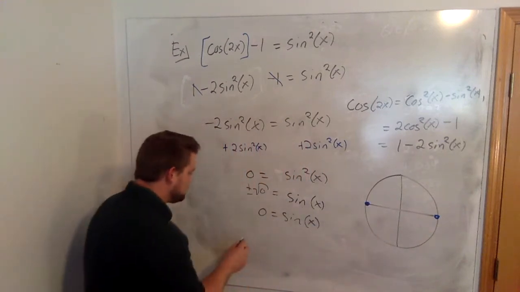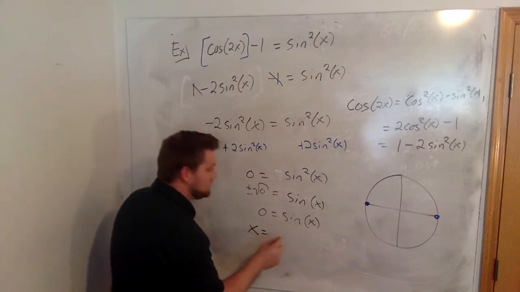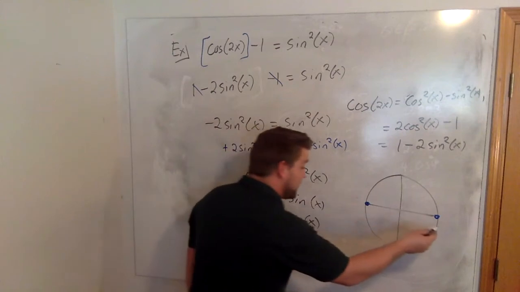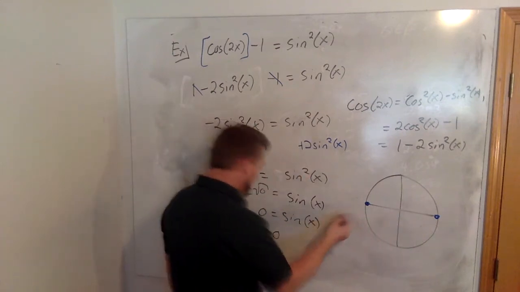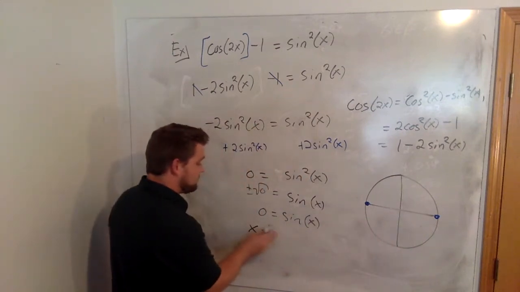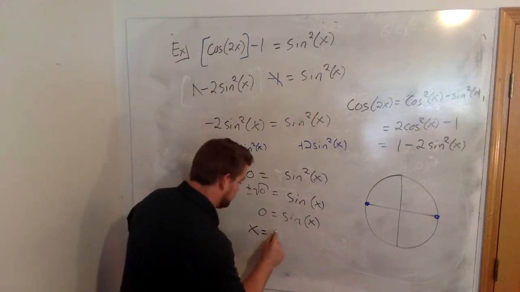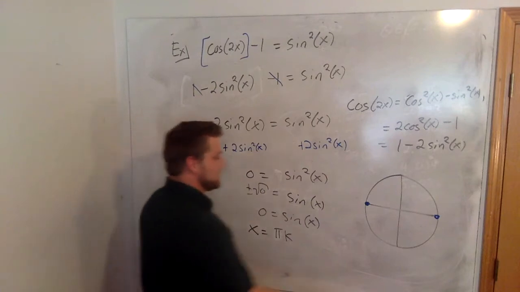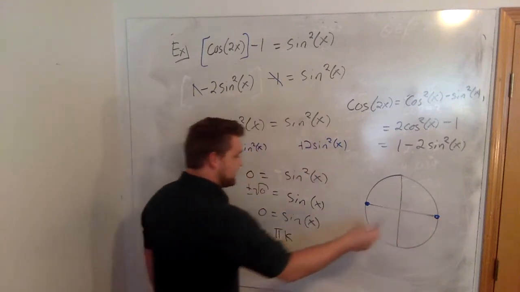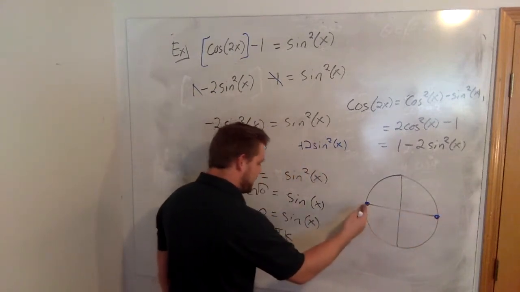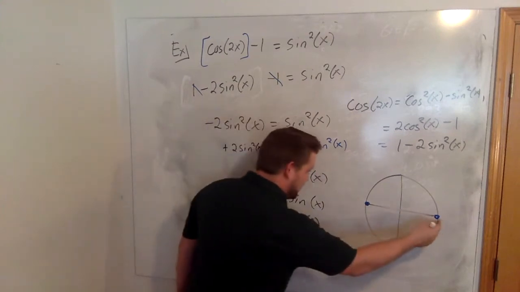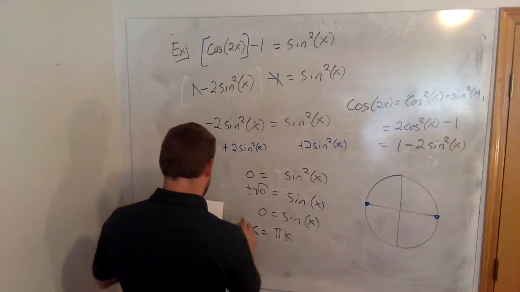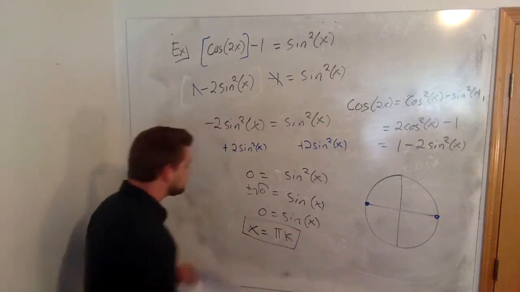So we could have x equal to 0 plus 2 pi k, and then pi plus 2 pi k, but I think it might just be easier for us to say that x could be equal to pi k. So if k is 0, we'll be at 0. If k is 1, we'll be at pi. And if k is 2, we'd be at 2 pi, 3 pi, 4 pi, 5 pi, and so on and so forth. So here is our solution set.